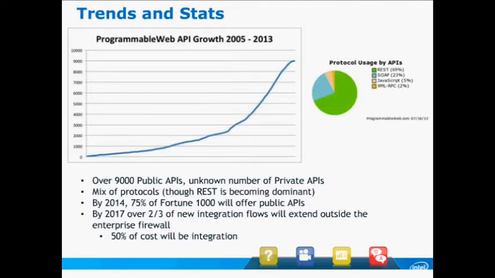We also see from reading various analyst reports from Gartner, Forrester, and others, I think the stat of 75% of Fortune 1000 comes from Gartner: 75% of Fortune 1000 companies will offer one or more public APIs in the next year or so. And we're also seeing, as a result of companies moving to virtual private clouds and moving to hybrid cloud usage models, as well as companies that are just going all in and going to the public cloud, a lot more integration flows that extend outside of the enterprise firewall.